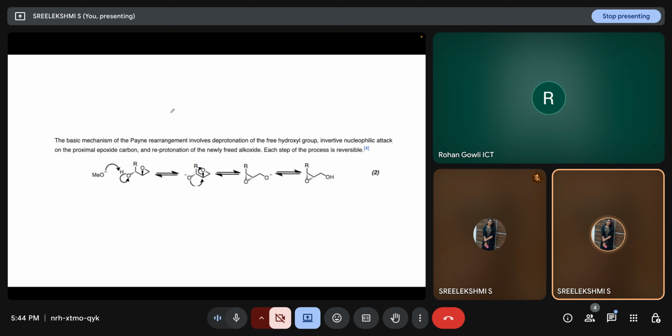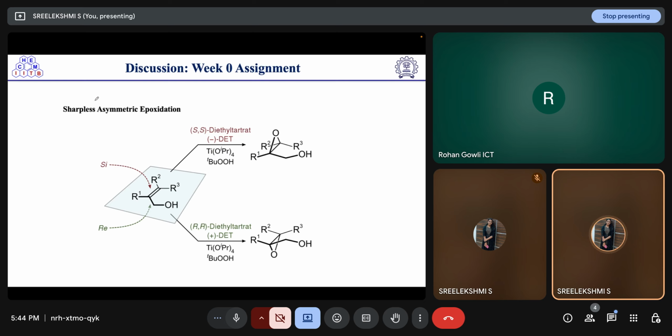So I will explain the basic principle. It is like this. In Sharpless asymmetric epoxidation, if we consider this as an alkene in a plane, and consider its Si face and Re face, if we use minus DET, the attack will be from the Si face and we will get this epoxide above. And if we use plus DET, the attack will be from the Re face and we will get this epoxide in this configuration.